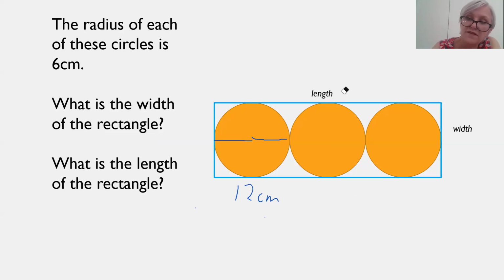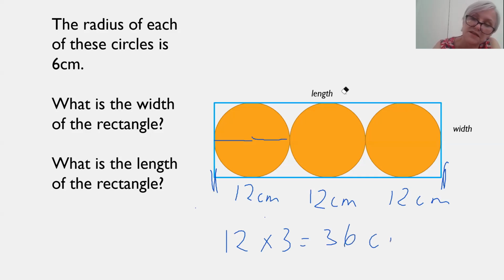And then we've got 3 of the circles, so each of those is 12 centimeters. So the length of the rectangle from here to here is 12 times 3, which is 36 centimetres. Hopefully you understood that.